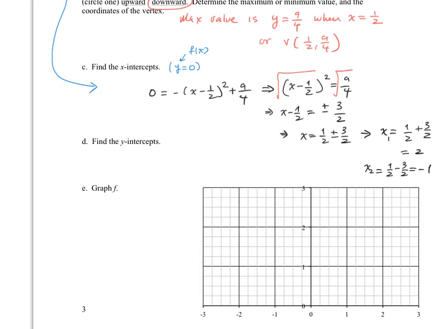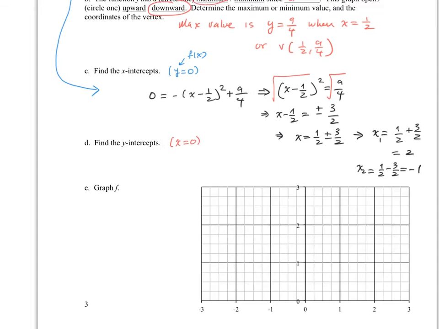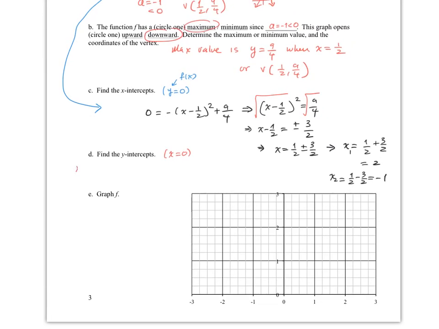Right, next is the y-intercept. Remember, y-intercept means that x is equal to 0. So if we find f of 0, this will be minus 0 minus 1/2 squared plus 9/4. So this will give you minus 1/4 plus 9/4, which is 8/4, which is 2.